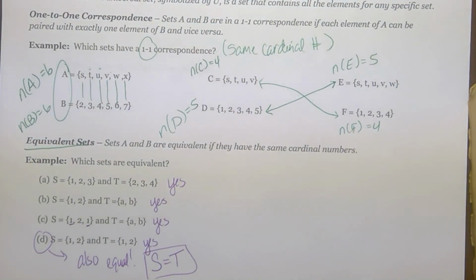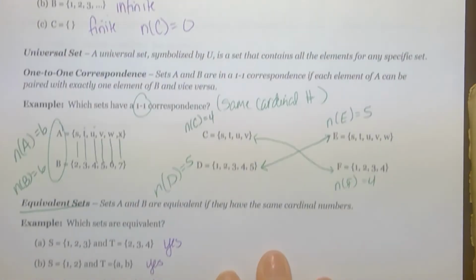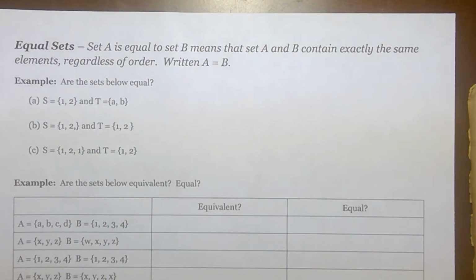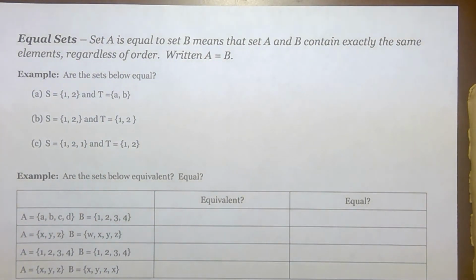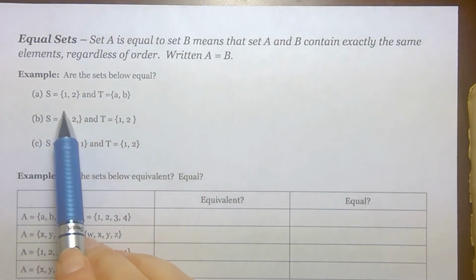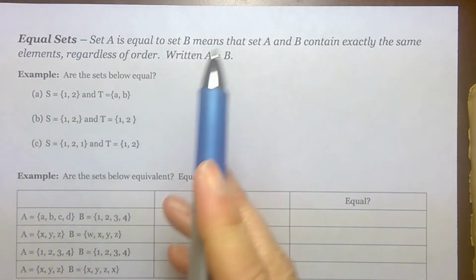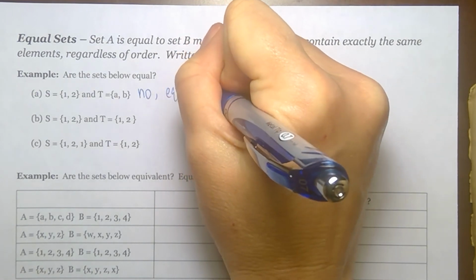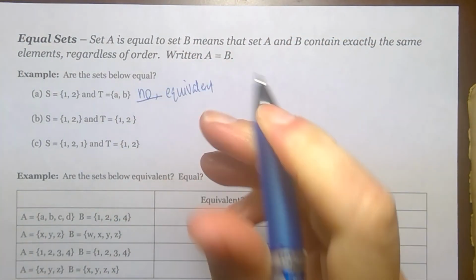All right, the last page of this section of notes. Equal sets. Set A is equal to set B means that they contain exactly the same elements regardless of order. So, are these first 2 sets equal? Well, no, they are equivalent because they have the same cardinal number, but they're not equal.